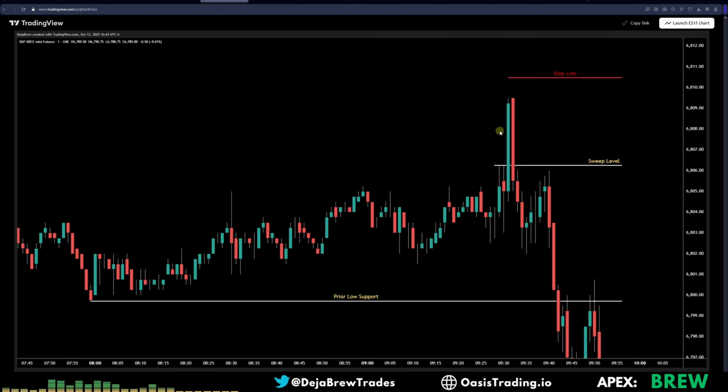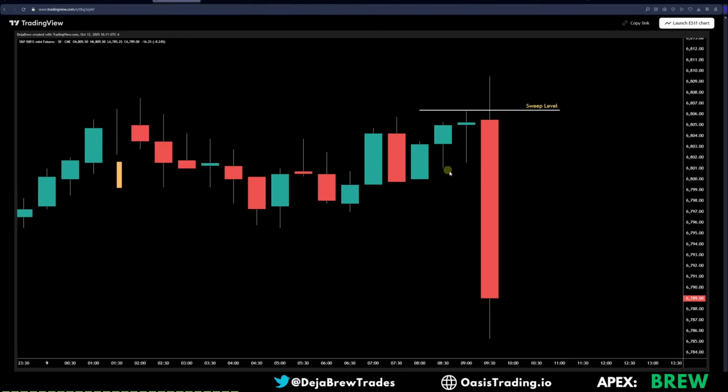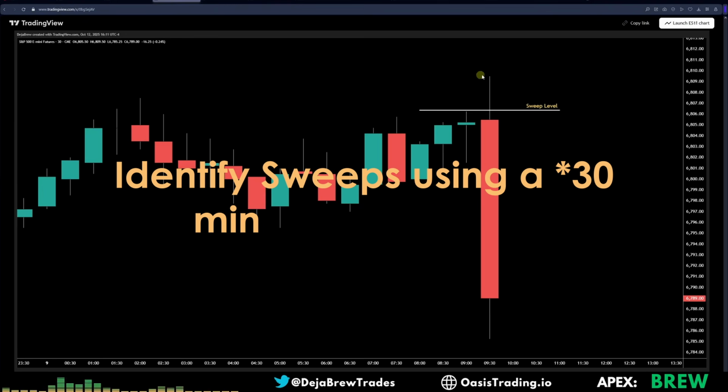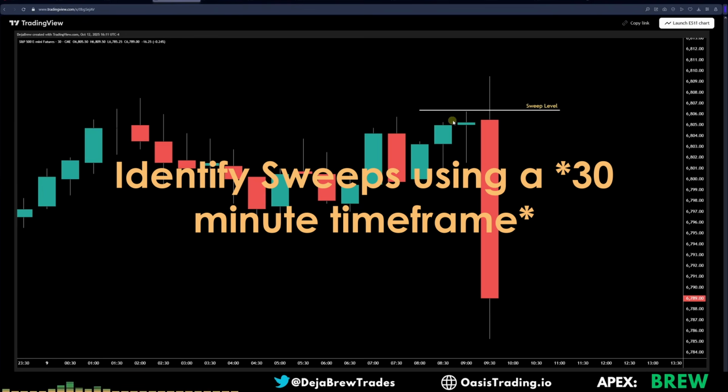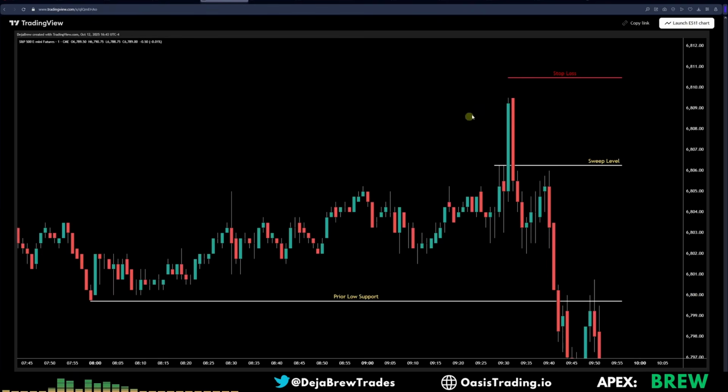So if we take a look at that, and we're like, all right, with that said, how can we trade that? Normally, we want to identify that sweep level, and let me be very clear, we normally want to identify that sweep level on a 30-minute time frame. We can go down to the lower time frames to see what that market structure shift is looking like on the 5-minute or the 1-minute.